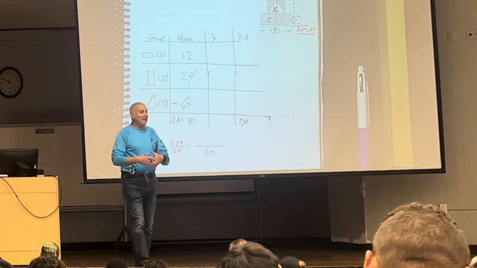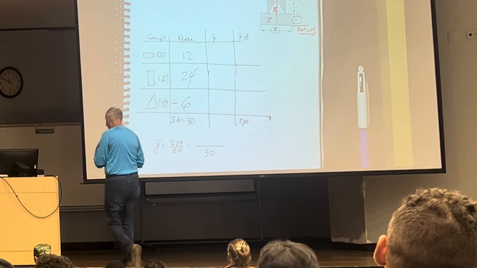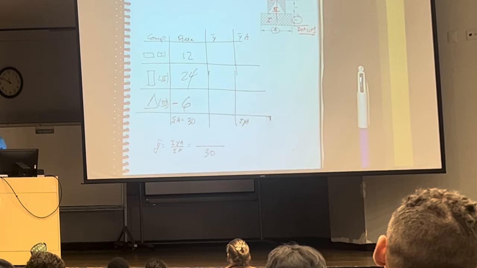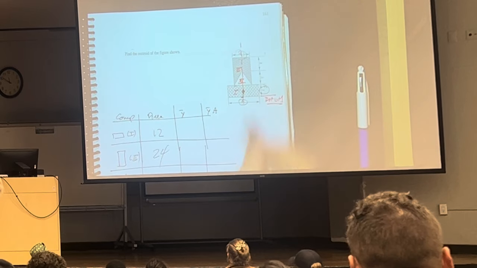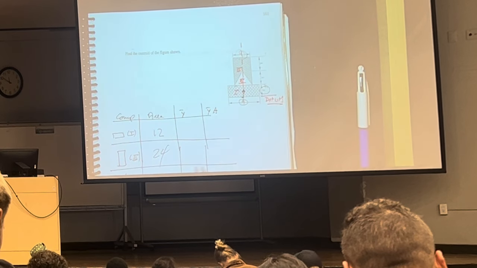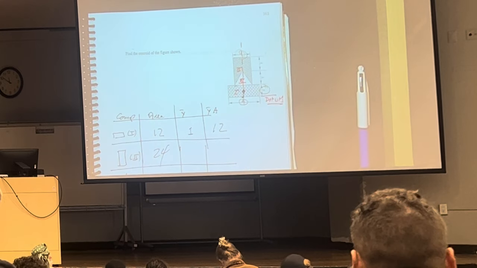Now I just need my Y bars. Okay, what are my Y bars? Well, for the first one, I'm going from here up to the halfway point. That's going to be 12 times 1, 12.